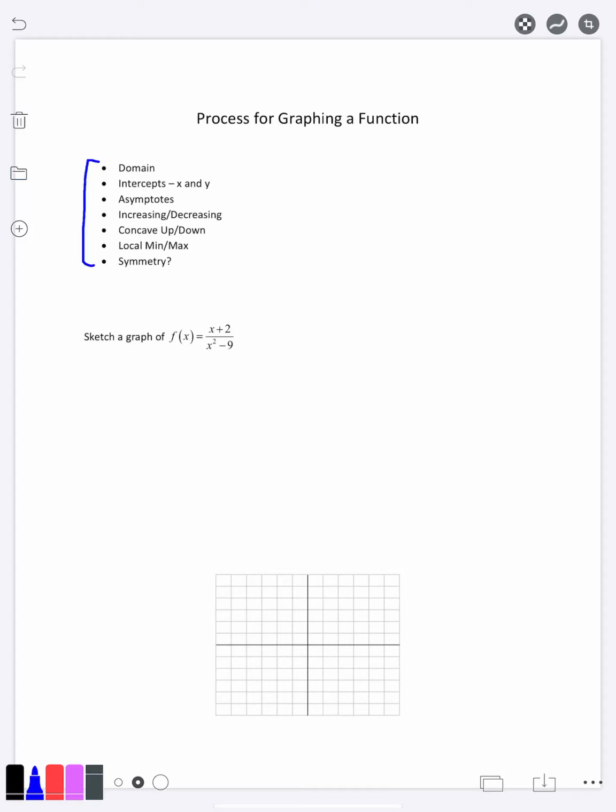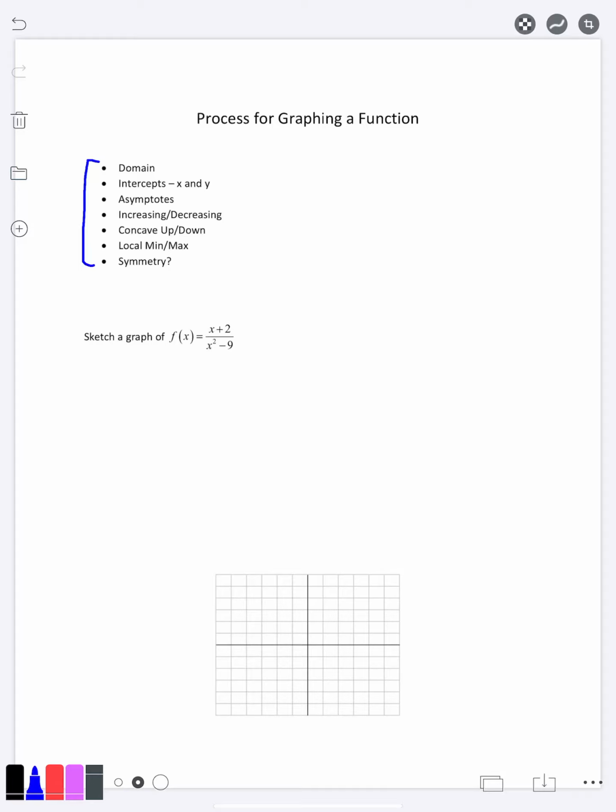With current technology, graphing calculators, computer software, websites, and so on, I consider that to be a much better way to get an accurate version of a graph than trying to do it by hand, even if you know all of these techniques here. So that's just my personal preference.